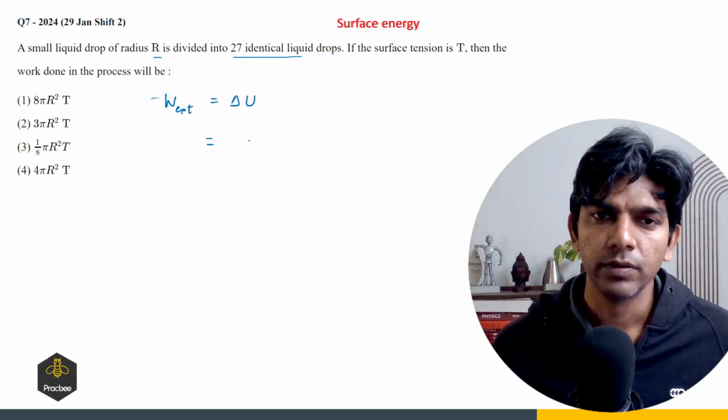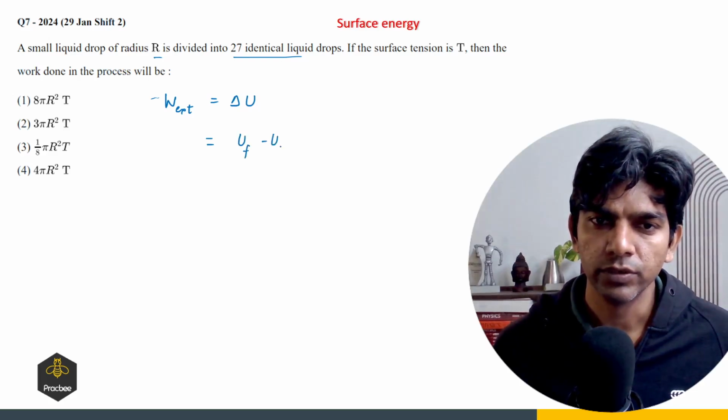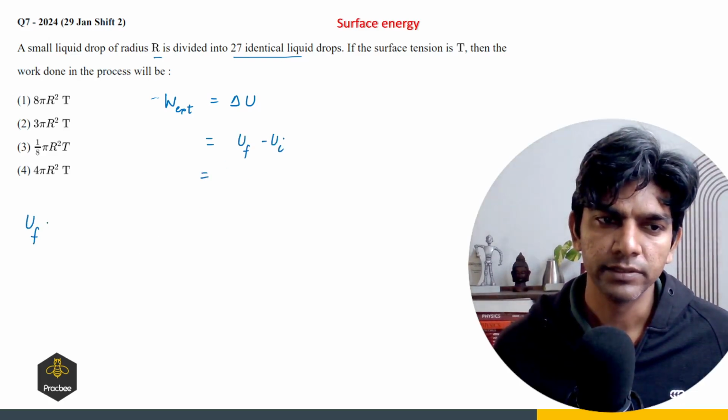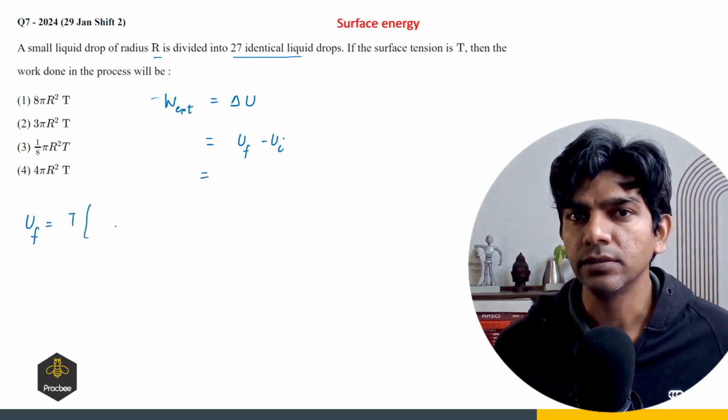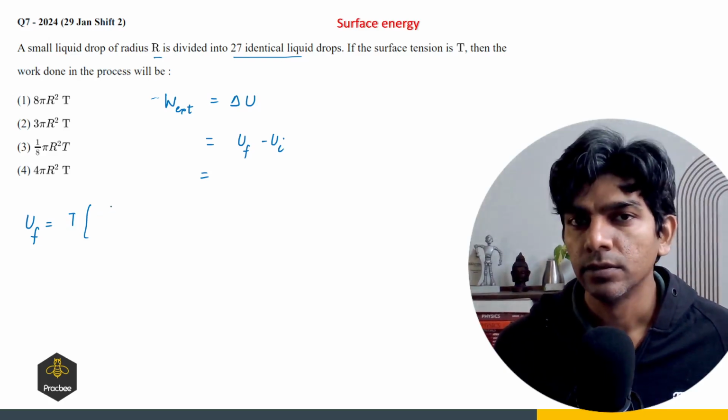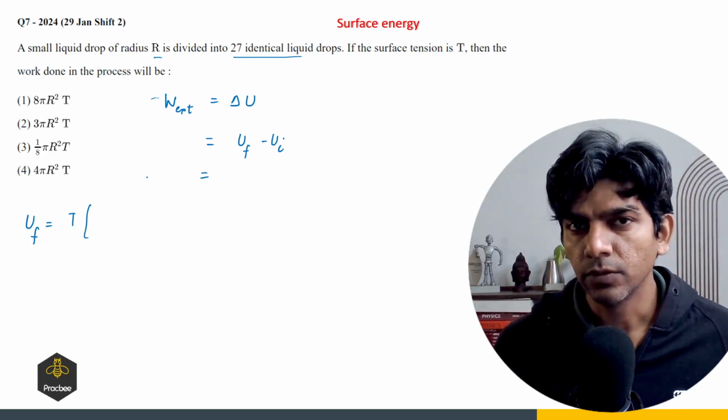Right, so it will be U final minus U initial, and U final in this case is nothing but the surface tension times the increase in the surface area, or you can say surface tension times the surface area of 27 drops.